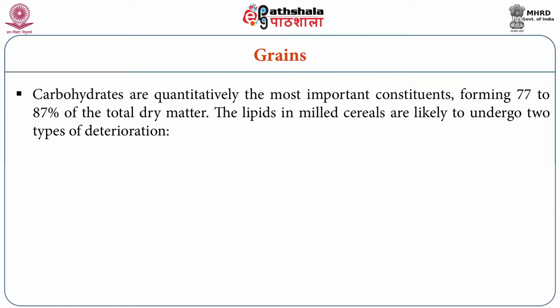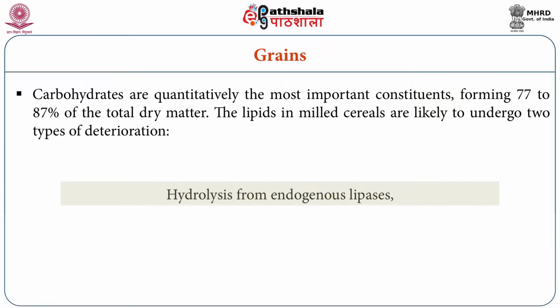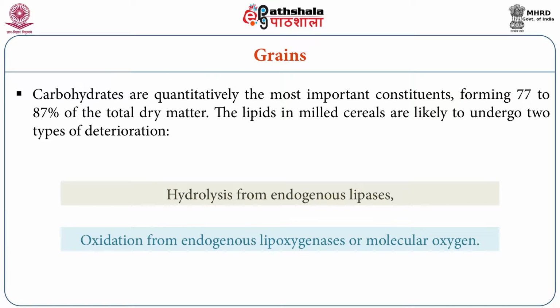Carbohydrates are quantitatively the most important constituents, forming 77 to 87% of total dry matter of the cereals. The lipids in milled cereals are likely to undergo two types of deterioration: hydrolysis from endogenous lipases and oxidation from endogenous lipoxygenases or molecular oxygen.